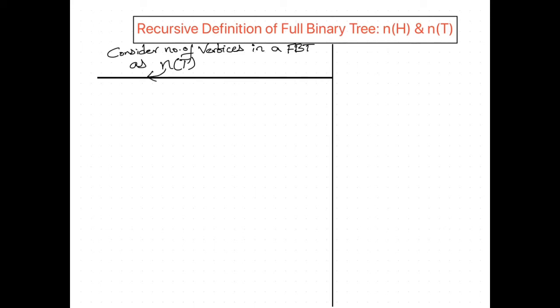N means number of vertices and T means tree. Number of vertices in a full binary tree. FBT means full binary tree.